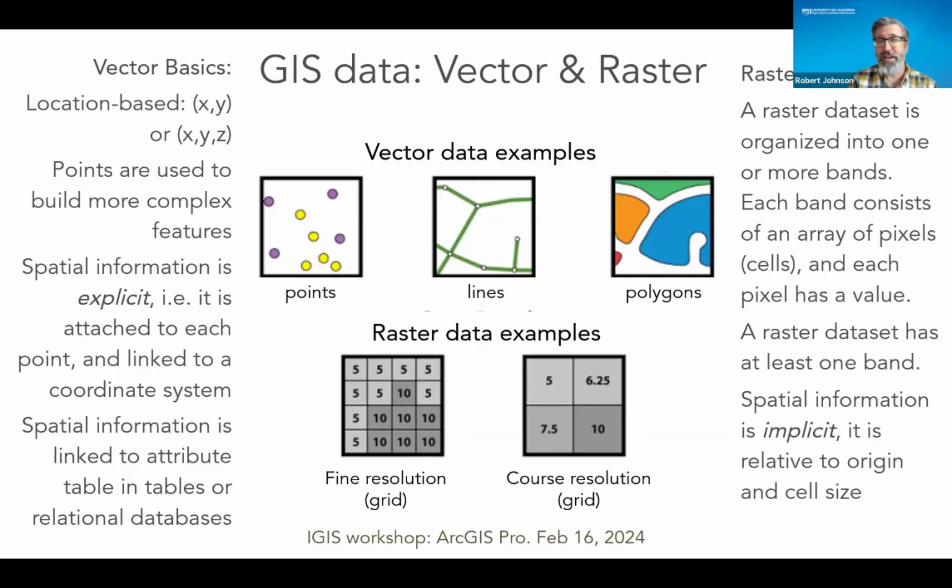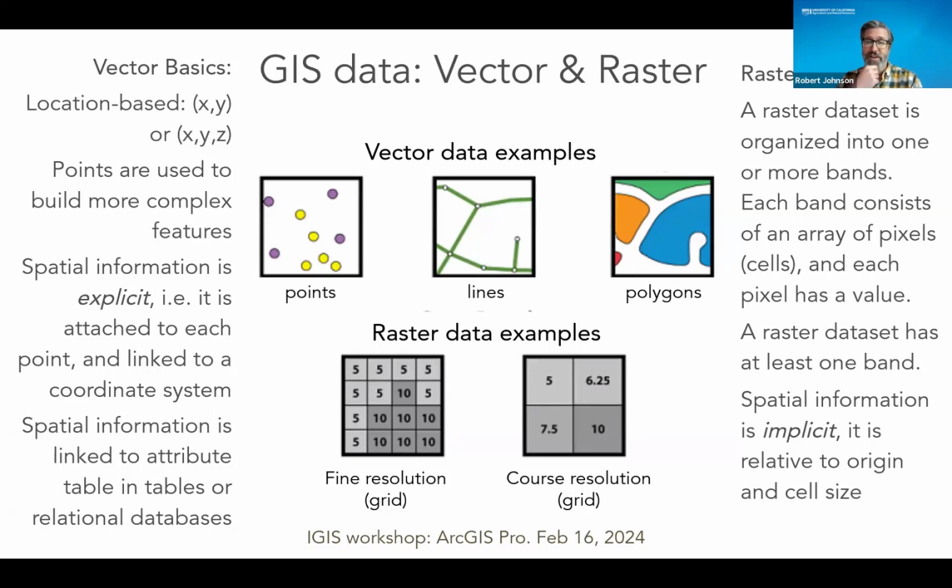Raster data, on the other hand, is essentially a gridded data set where you have these different cells arranged into a grid rather than an explicit point that's tied to a very specific location. And with these, you're going to potentially have different resolutions for your data.